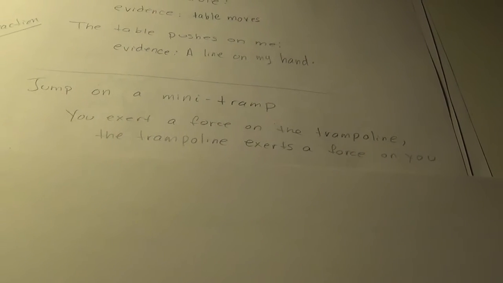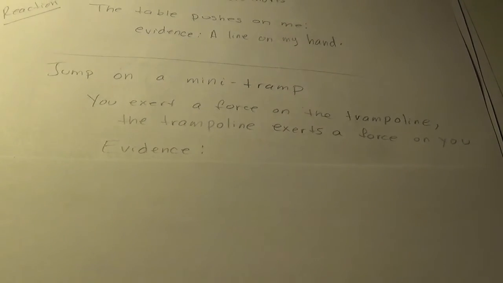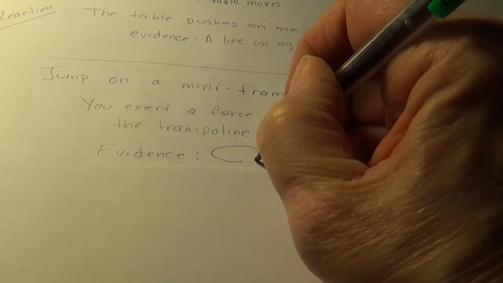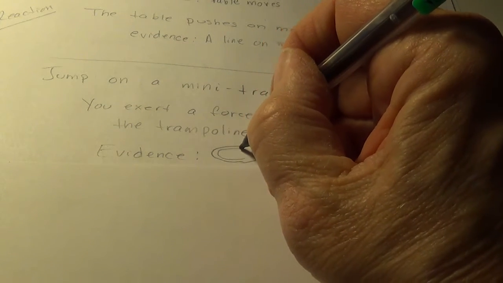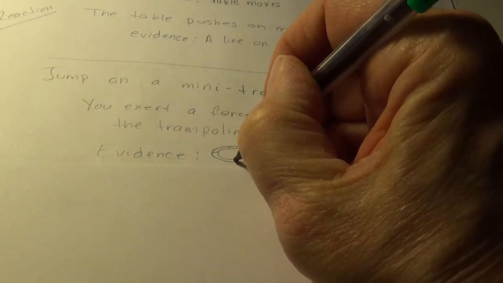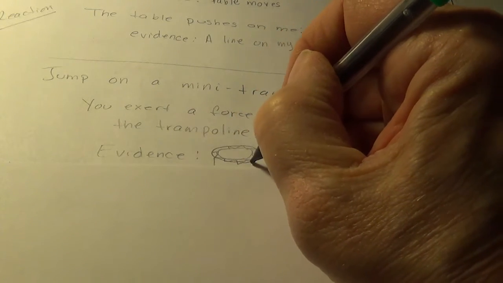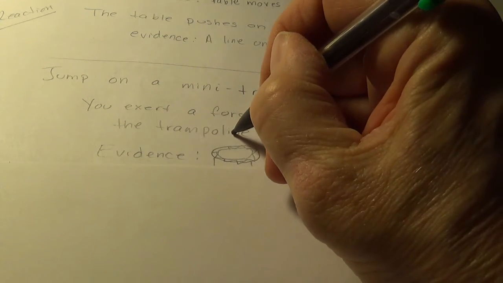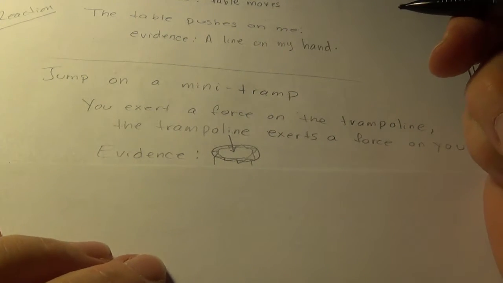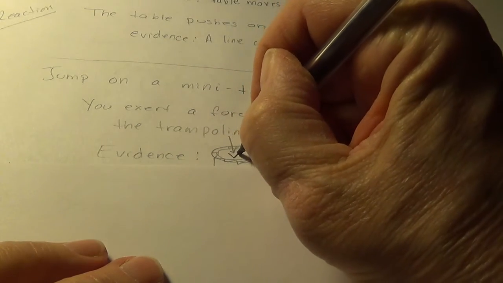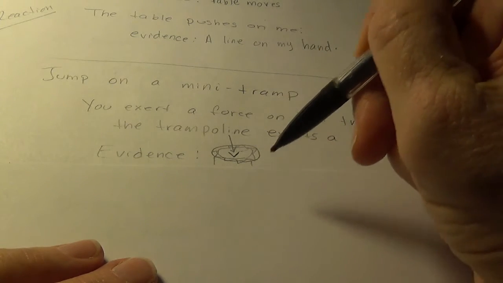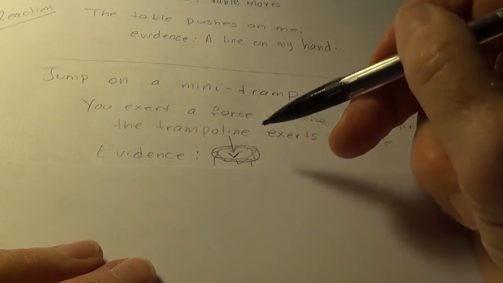So now let's see what evidence there is. What is the evidence that you exerted a force on the trampoline? I don't know if I can draw this very well, but here's the mini tramp with the little springs that hook around it and the legs. So when I jump on the trampoline, what happens to the trampoline to evidence the fact that I have exerted a force on it? It dimples in. So that's my little dimple. It's going to bend in where my force was applied.